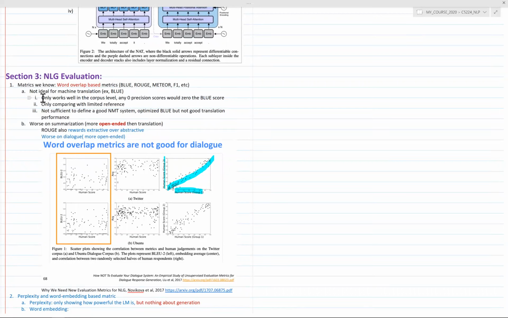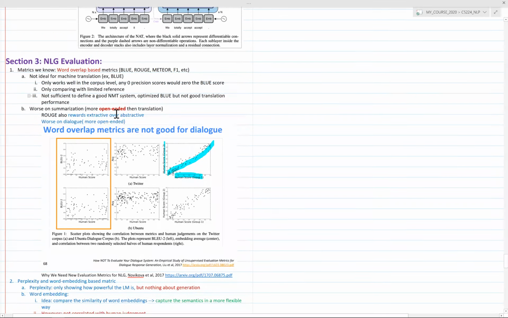And the second limitation is that it is limited to several references, so it doesn't work really well considering the bigger picture of references that don't include it, which makes it not sufficient to determine whether a translation model is good or not.